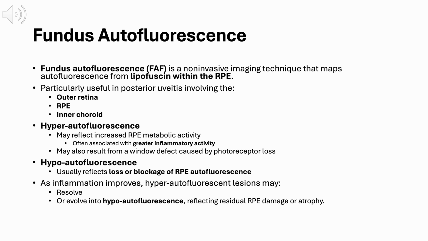Bright, hyperautofluorescent areas can mean increased RPE metabolic activity, often more active inflammation, or a window defect where photoreceptors have dropped out. Dark, hypoautofluorescent areas usually mean the RPE is lost or blocked, and you can watch disease evolve. As inflammation improves, hyperautofluorescent lesions may resolve or fade into hypoautofluorescence, signaling permanent RPE damage.